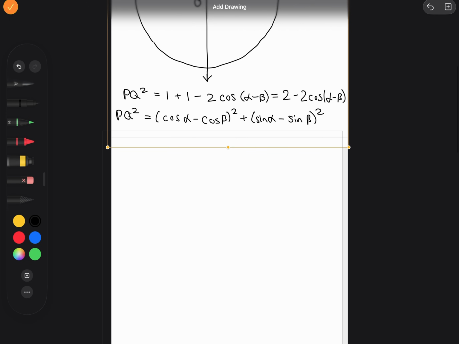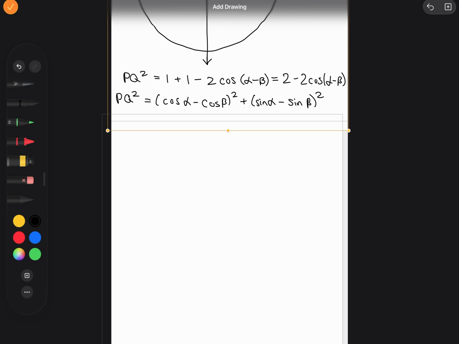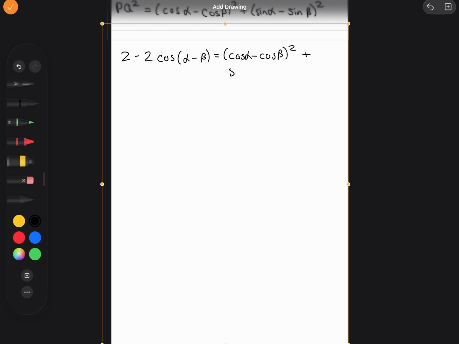And now we can see that the left-hand sides of both these equations are equal, so we can just make the right-hand side equal to each other as well. So 2 minus 2 cosine alpha minus beta is equal to cosine alpha minus cosine beta whole squared plus sine alpha minus sine beta whole squared.